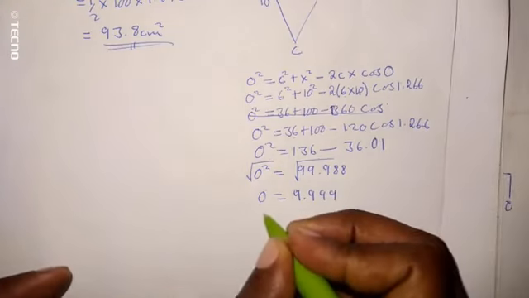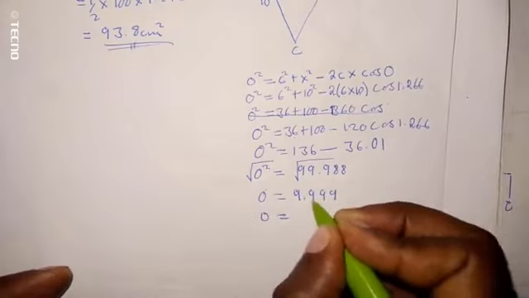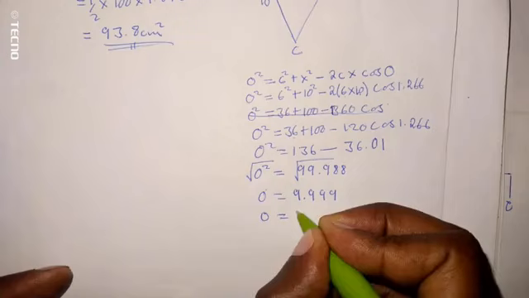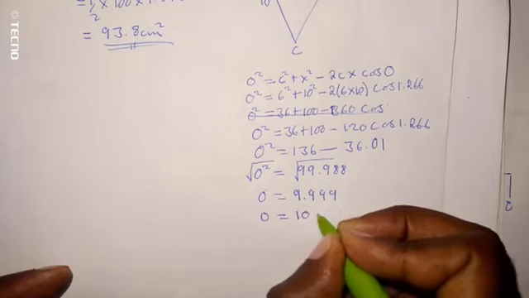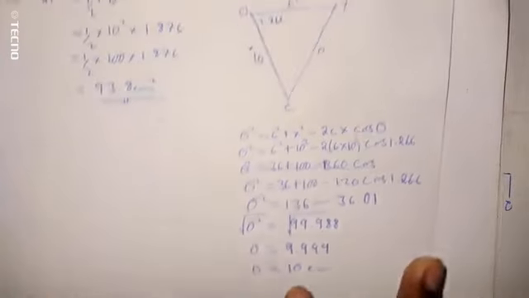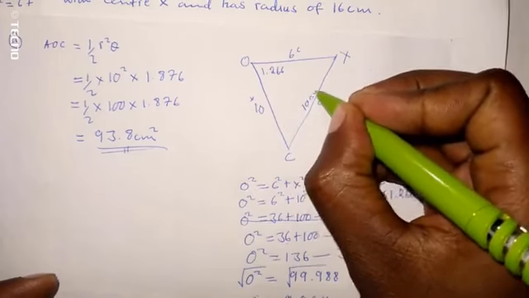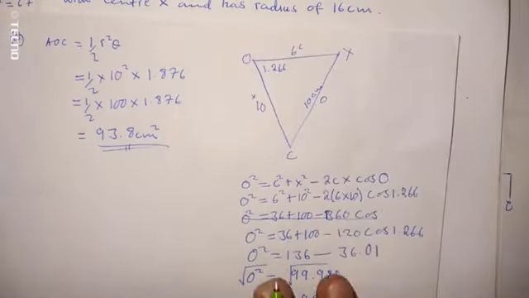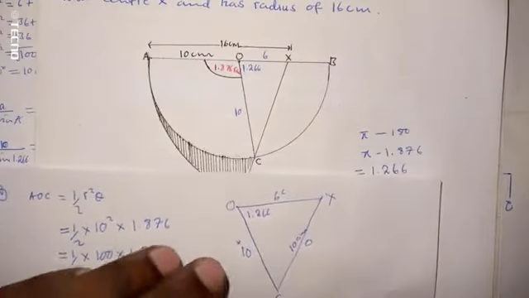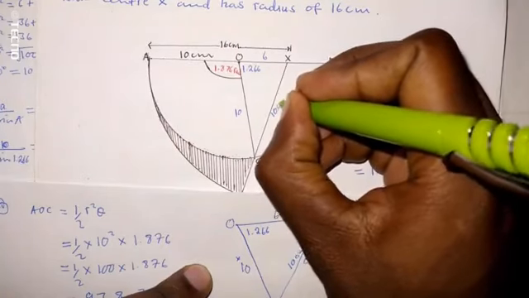Giving this to 1 or 2 decimal places, we round off and it will be 10 centimeter. So it will be 10 centimeter. So we are saying that here it's 10 centimeter. Going back, we'll say this side is 10 centimeter.